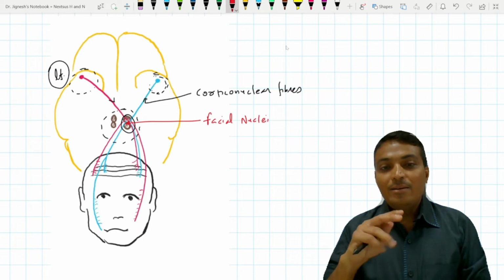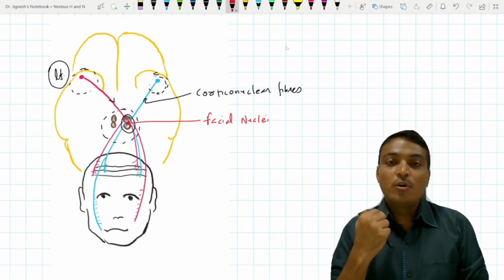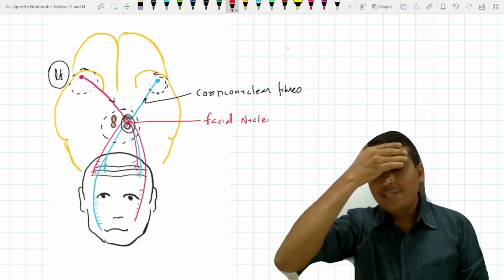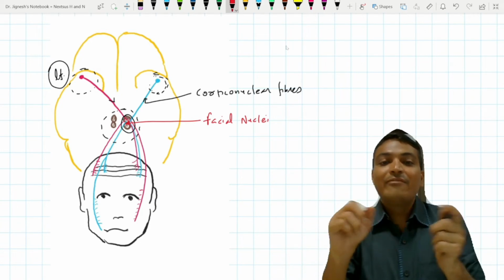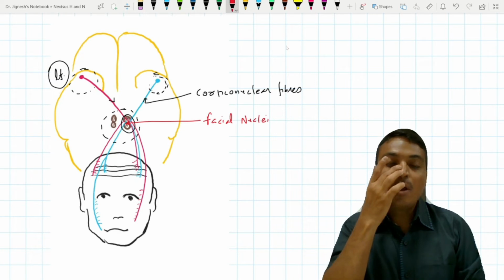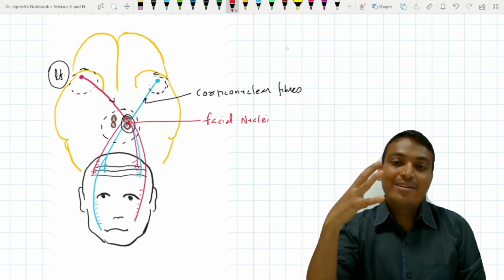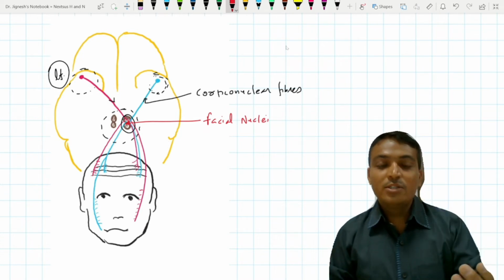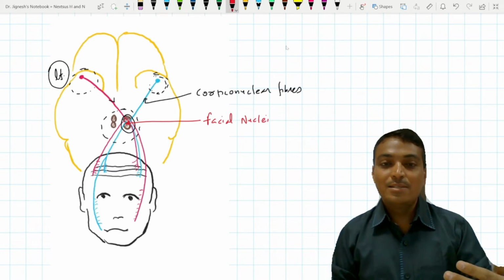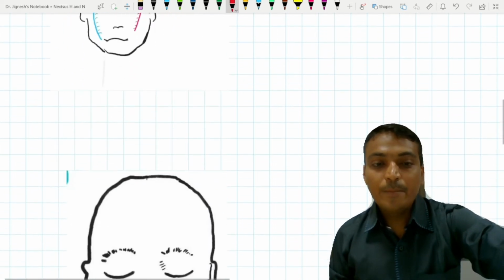So when we talk about the facial expression muscles only, the forehead area is going to be supplied by bilateral facial nerve nuclei, while the lower half of the face is only going to be supplied by the unilateral side of the facial nerve. So we are going to understand this whole process in a simple figure somewhere here.